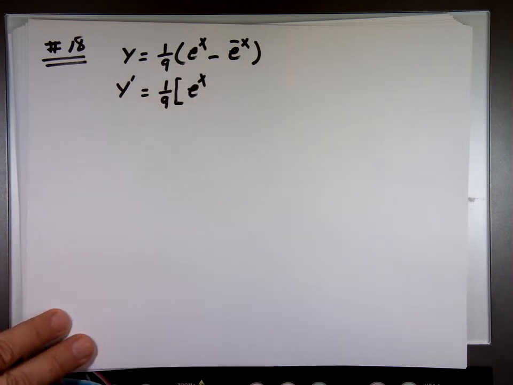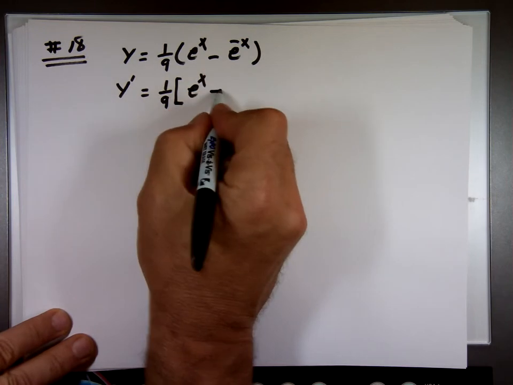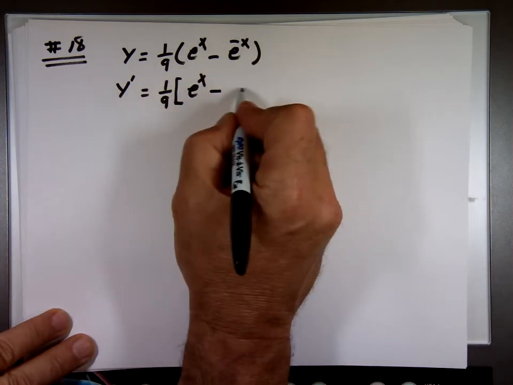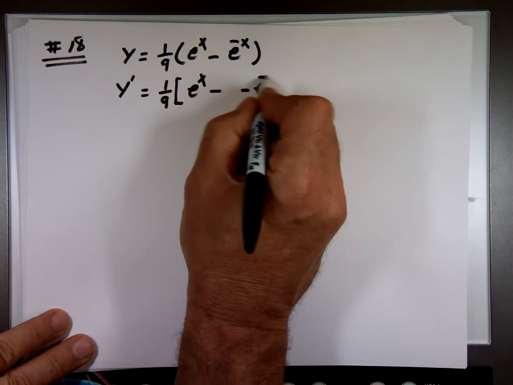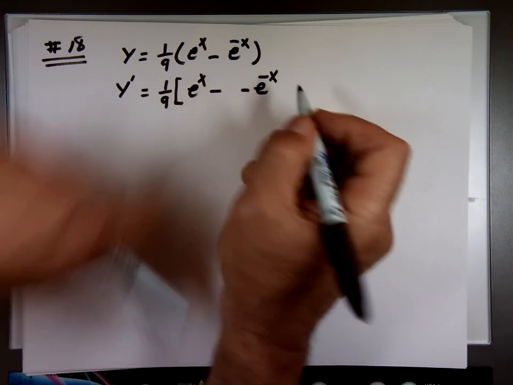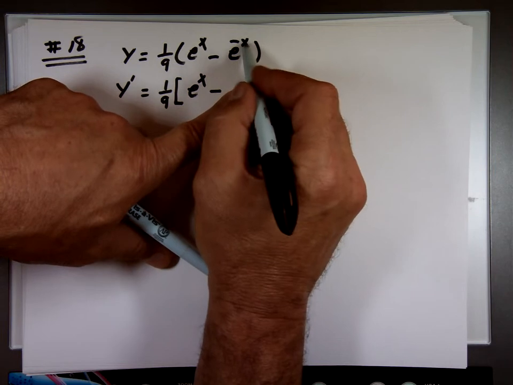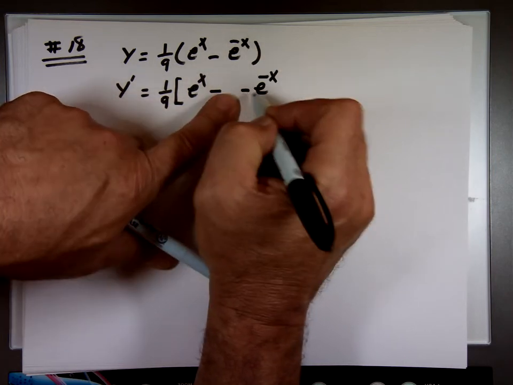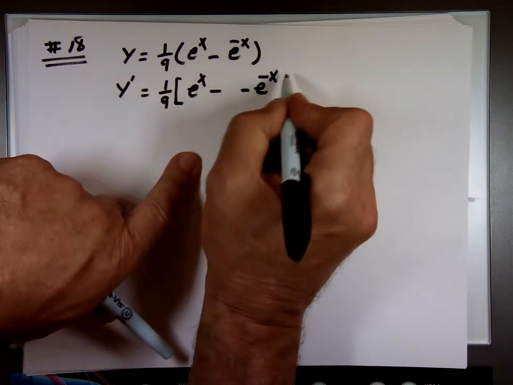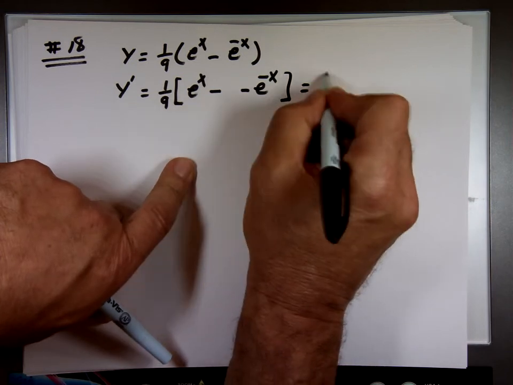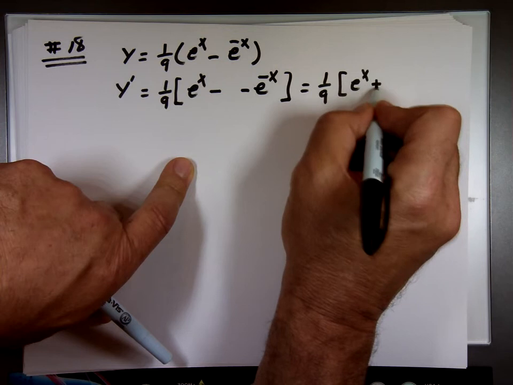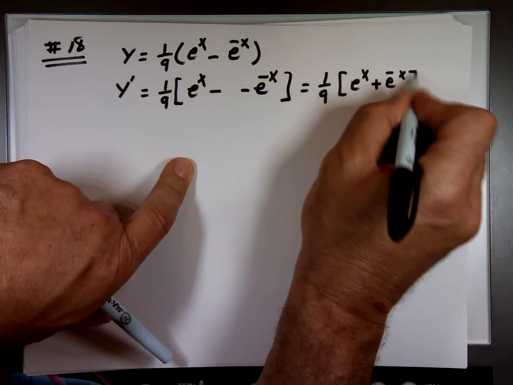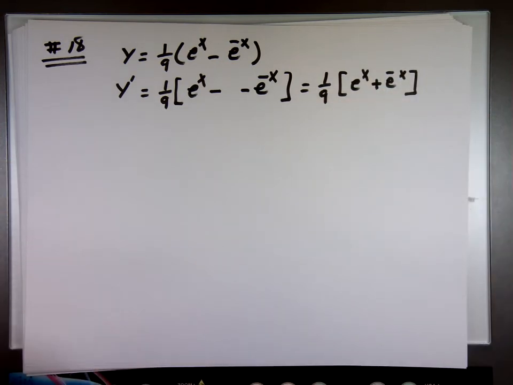There's the minus. What's the derivative of e to the minus x? Minus e to the minus x, right? Because it's e to the u times the derivative of u, and the derivative of u is minus 1. So you end up with 1/9 (e to the x plus e to the minus x). In other words, I don't need a fancy calculator, nothing for that.